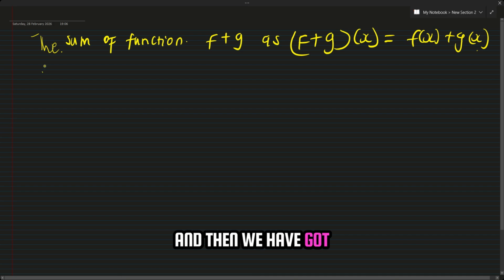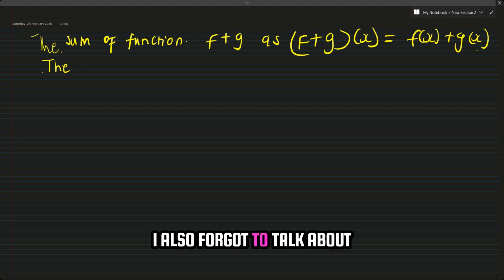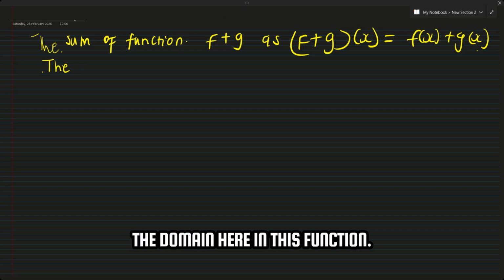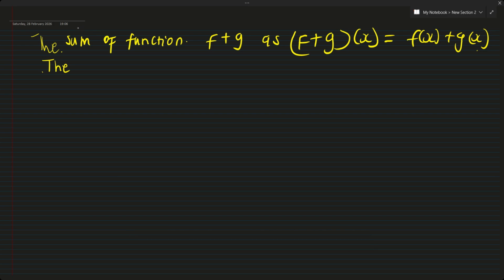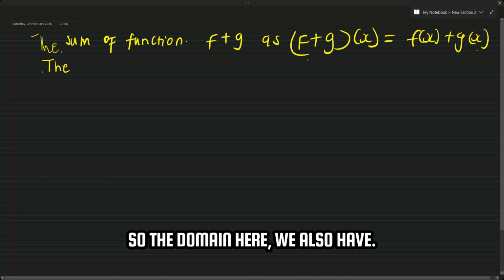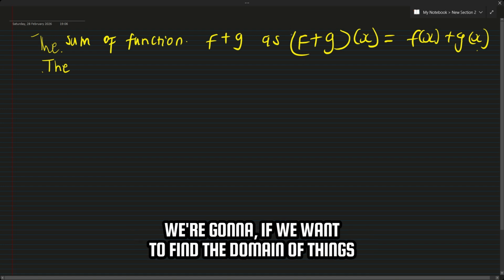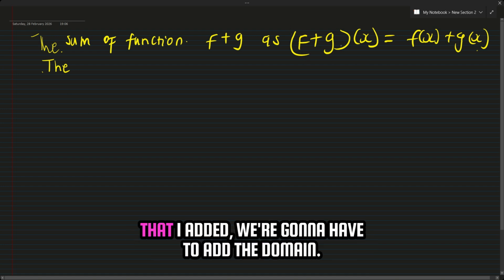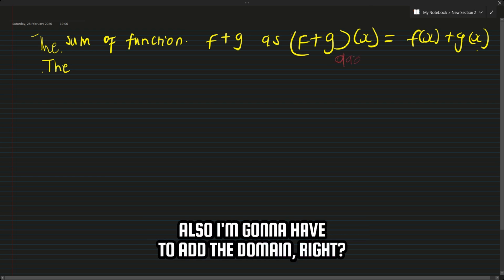And then we have the difference of functions, right? I also forgot to talk about the domain here in this function. If we want to find the domain of the functions that are added, we're going to have to add the domain also, right?